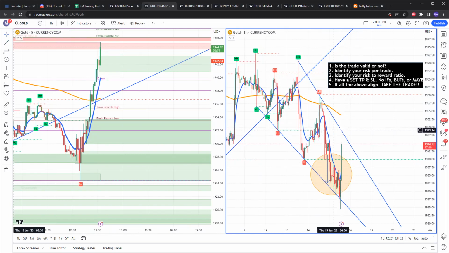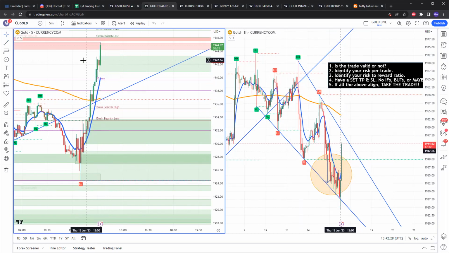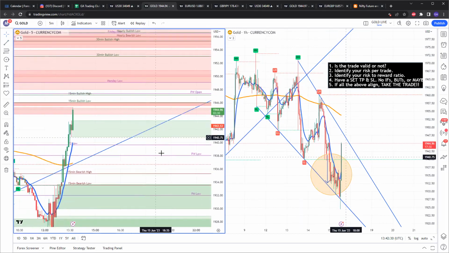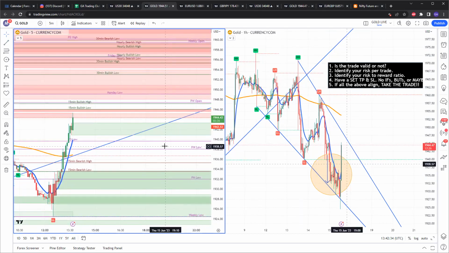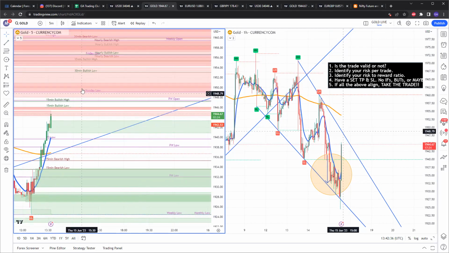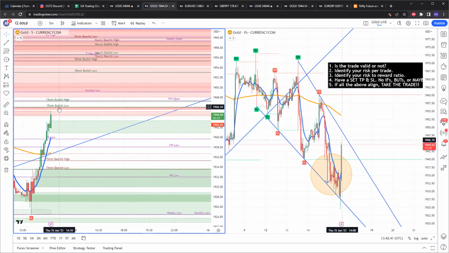We also have this lower low here, so we have a structure for gold, so we should keep pumping. We literally just had a golden cross on the 5 minute as well. And if you look at the zones and markups indicators, we really don't have any sell. We have a bunch of sellers sitting here, but they don't have any order blocks to bring price down. We have a 15-minute bullish low, 15-minute bullish high.